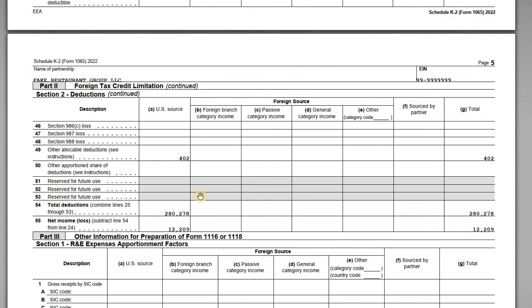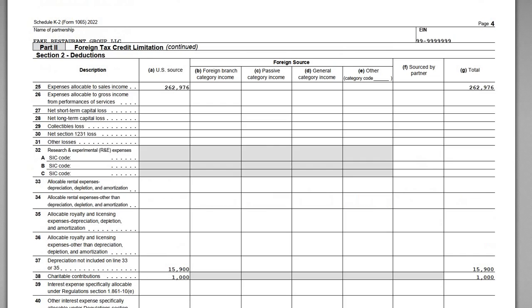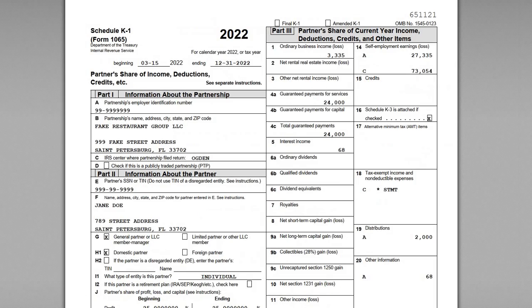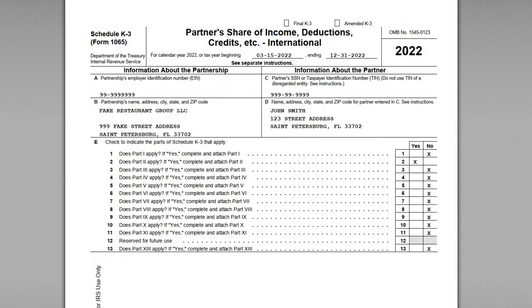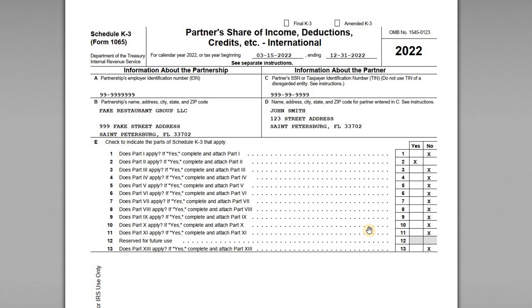All right, so once this is done, now all these items then flow through to the K3s for each partner, right? And so again, remember, the information that's being provided here is important if a partner has foreign tax credits and needs this additional information in order to complete the 1116, right?